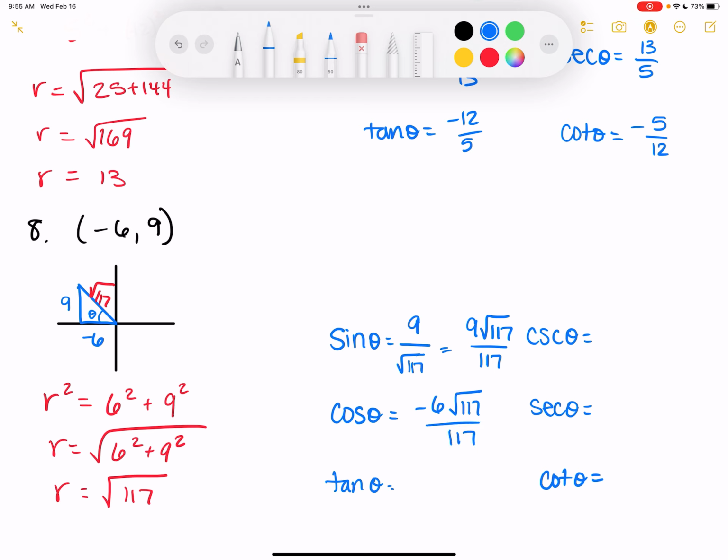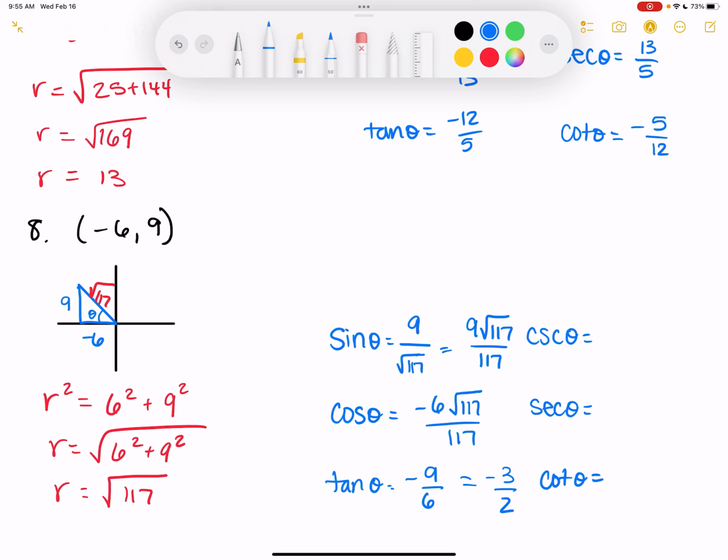Tangent. -3 over 2. It would originally be -9 over 6. Make sure you reduce it down to -3 over 2. Do we have to write the 9 over 6, or can we just write it? No, you can just write the simplified one. Peyton, you said it was 9 and 13 that makes 117.